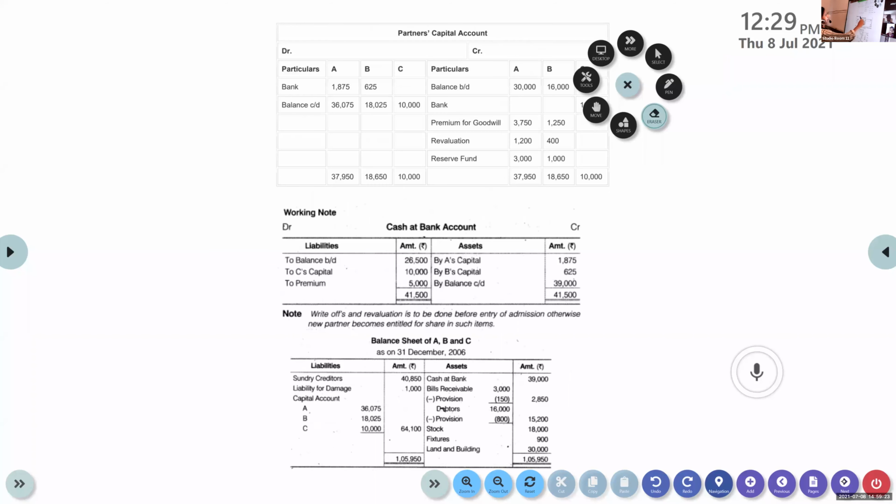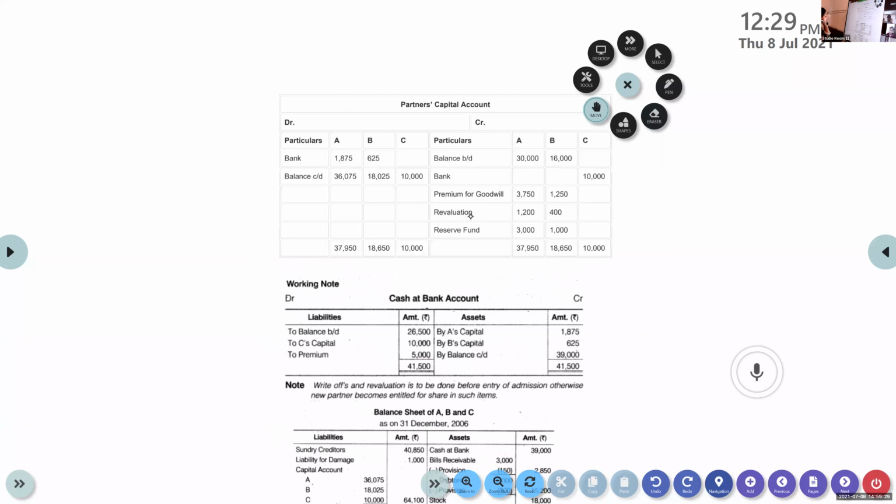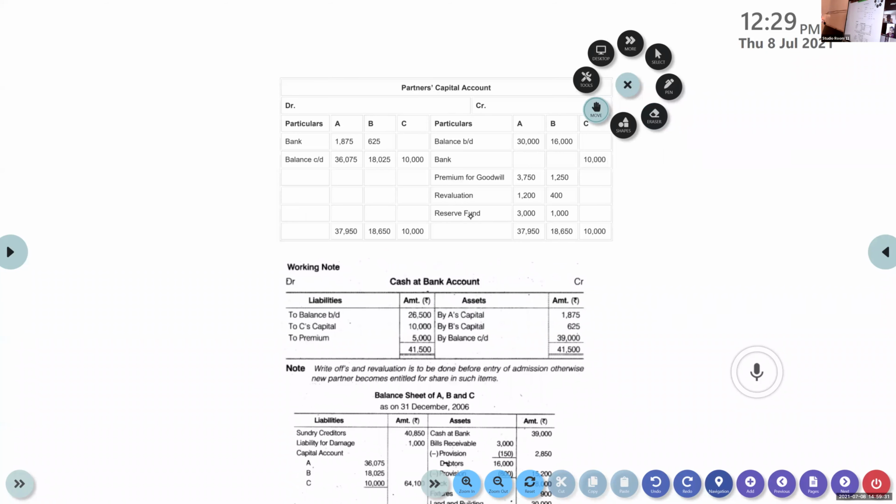Now, let's prepare the capital account of the partners. Capital account, A, B, C. On the credit side, whatever results in an increase of the capitals will appear.